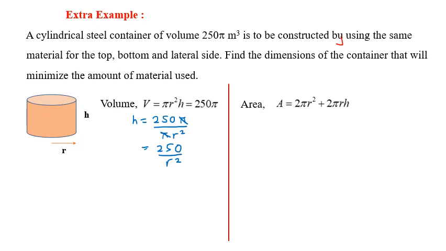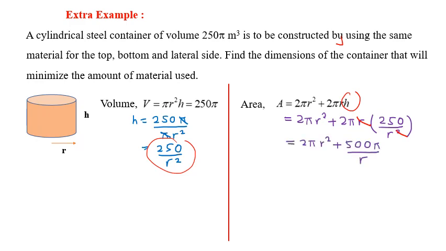The h here we already replaced with 250 over r squared. So we can cancel out r, and then expand 250 times 2 is 500 pi. So we got 500 pi over r. This is the equation of area.